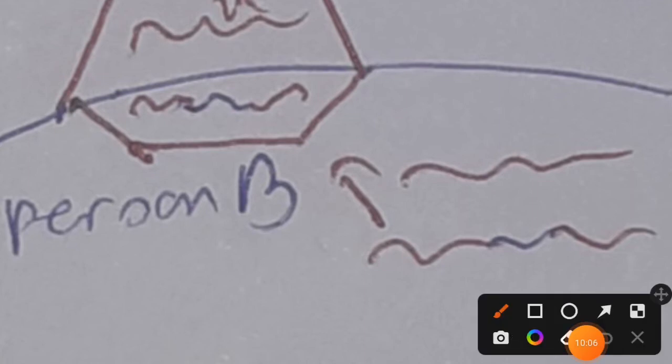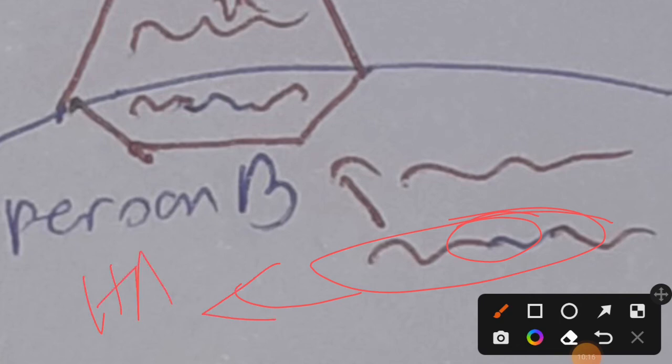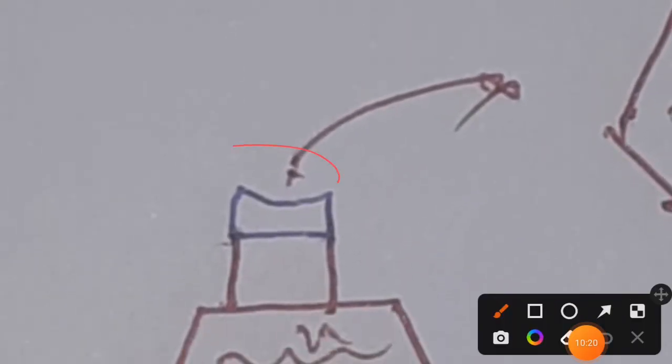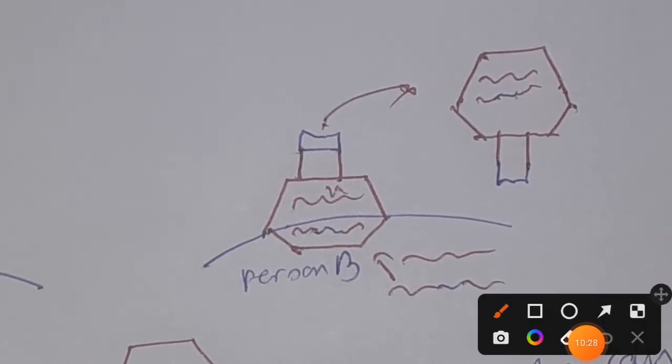As a result, there will be a mutation, and this mutated genome will eventually be packaged. And not only that, if this mutated genome codes for hemagglutinin, there will be a change in hemagglutinin construction. So as a result, there will be a new substrain of virus with new hemagglutinin.